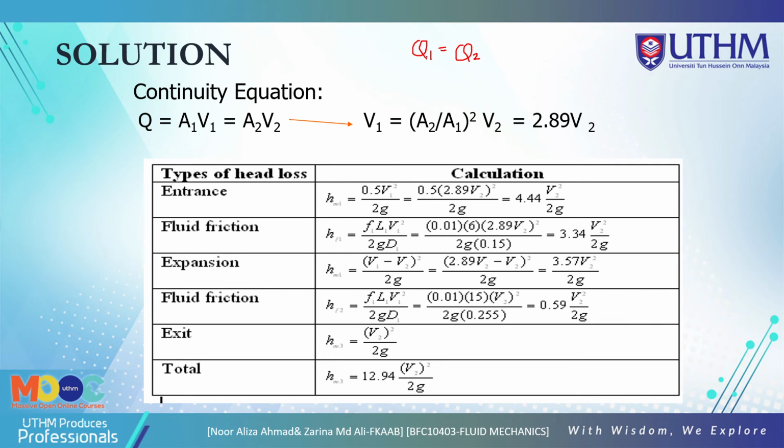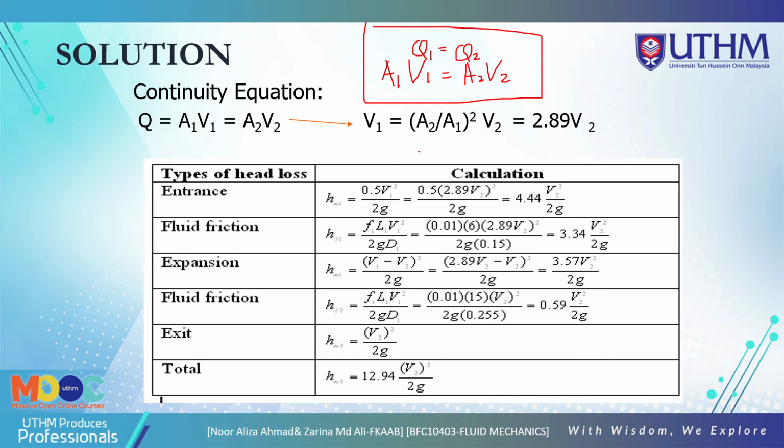So if Q1 is equal to Q2, then A1 V1 equal to A2 V2. So we know that V1 is equal to A2 over A1 times V2.